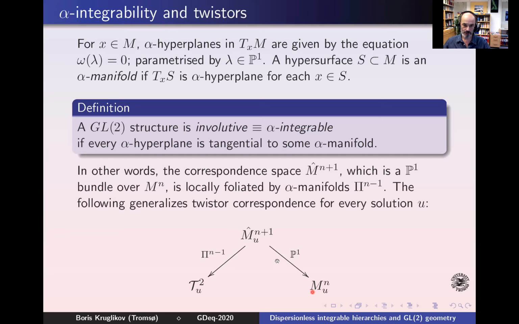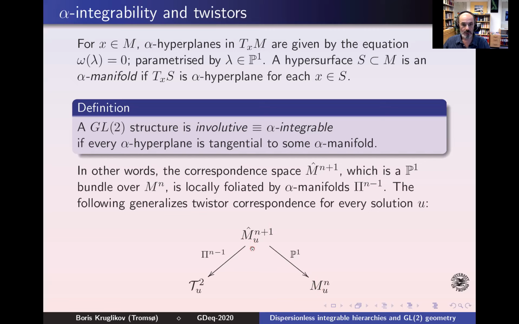Now we resolve it, so here actually there's no ambiguity. We can think that we have one hyperplane in a lifted tangent plane to this point. Or equivalently, we can just take the preimage and we will have a hyperplane in here if we also add d by d lambda, vertical, for this.